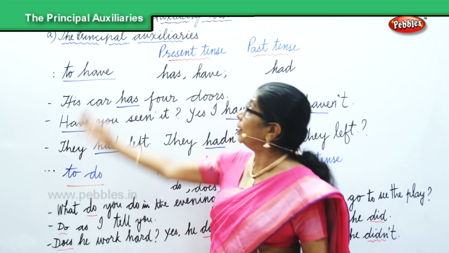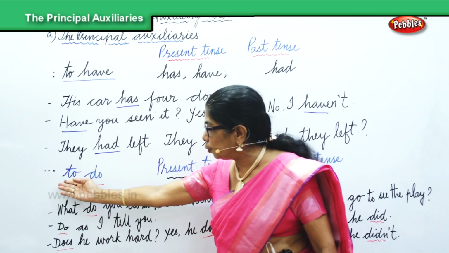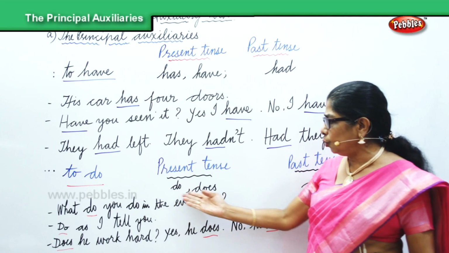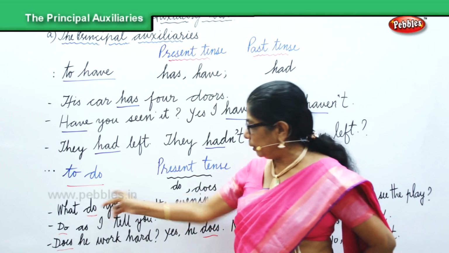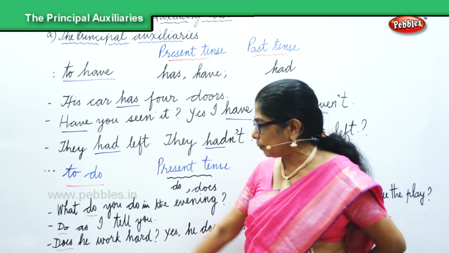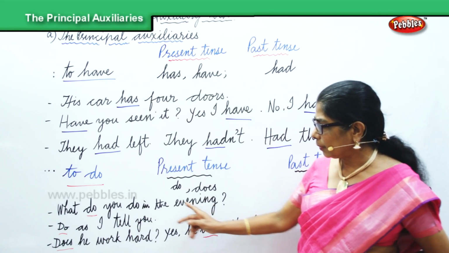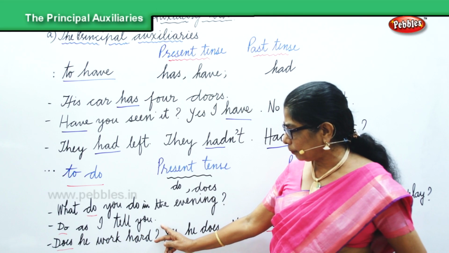Now let's look at the principal auxiliaries in the third category, "to do" verbs. In the present tense, we have do and does, and in the past tense, we have did. What do you do in the evening? Do as I tell you.